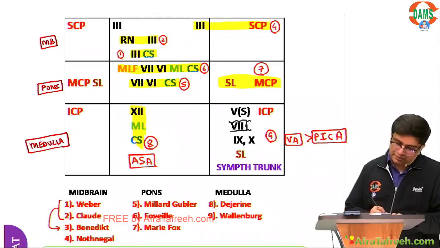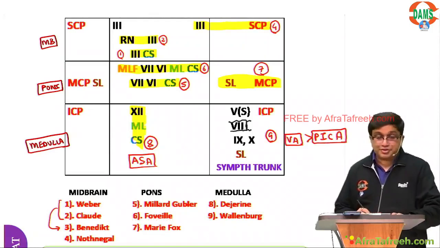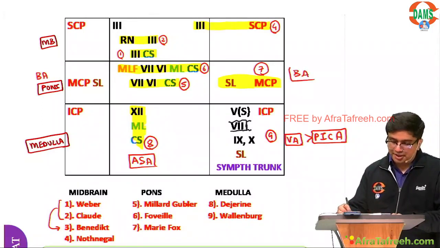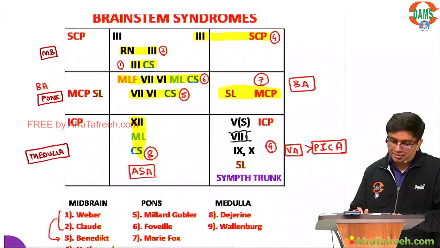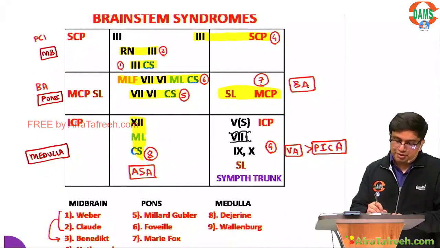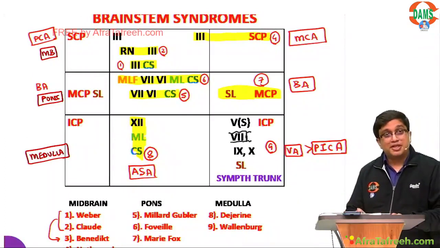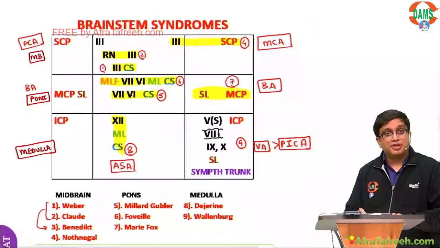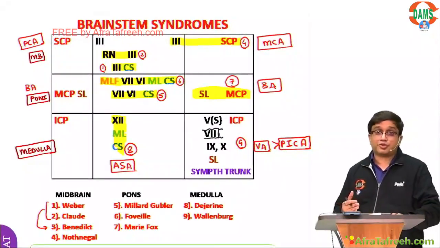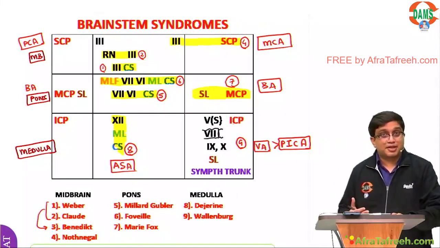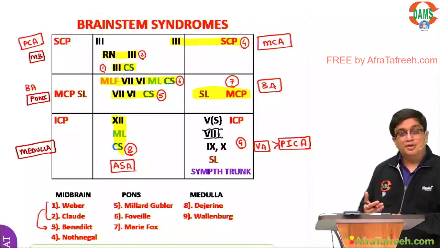The pontine syndromes generally happen due to the involvement of the basilar artery, and always the midbrain syndromes will happen due to the involvement of the posterior cerebral artery or the PCA. This has been asked so many times recently. Wallenberg lateral medullary is more often due to vertebral than the PICA. The medial medullary is anterior spinal artery, the Dejerine syndrome.